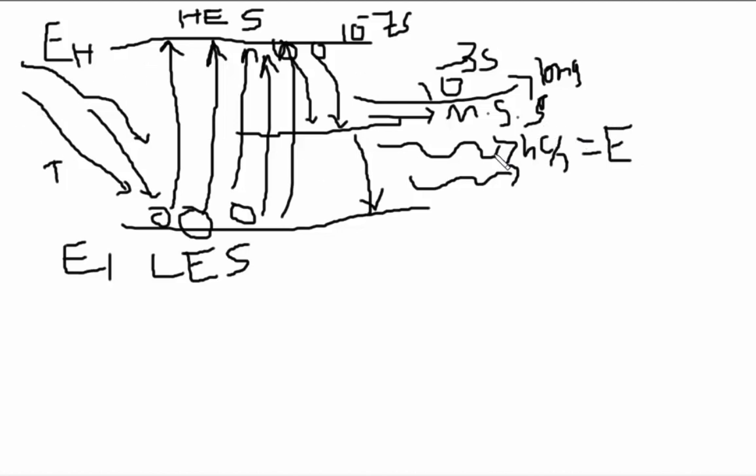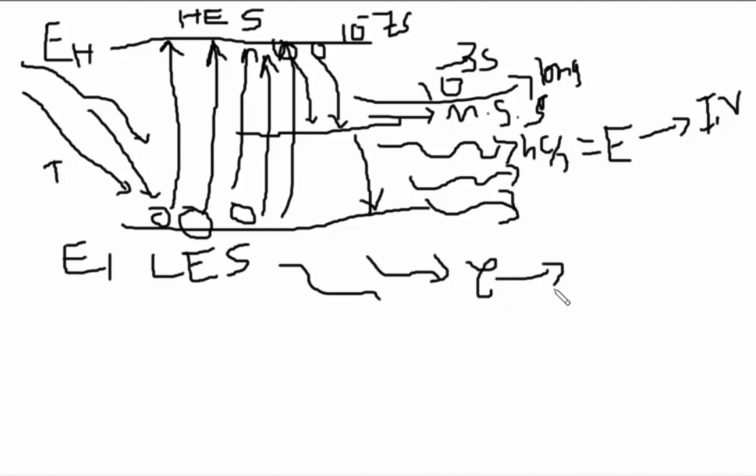Same, however much power is incident, the same will come out from here. So here we will get electrical energy, in the form of current or voltage. So due to so much light incident on the electron, it produces electrical energy.